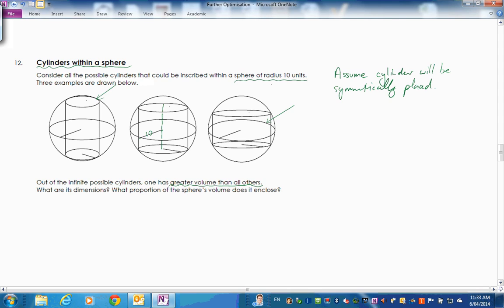Okay, because that's the way they've got them here, and that's how you're going to get maximum volume. I think you can see that. So if you go up there, let's draw this in across here now, that would be the radius of the cylinder. Okay, and we want a volume, so let's go searching for a volume of a cylinder.